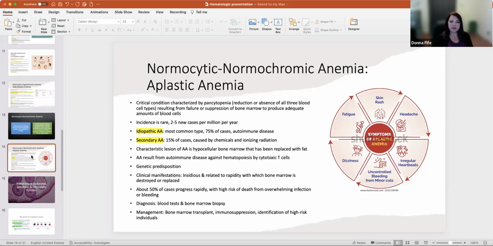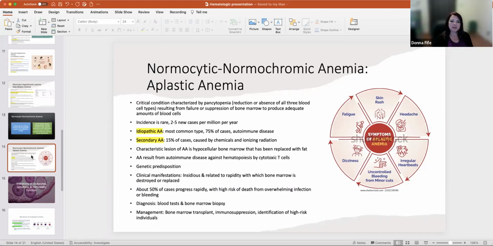The characteristic lesion of aplastic anemia is hypocellular bone marrow that has been replaced with fat. Aplastic anemia results from an autoimmune attack against hematopoiesis by cytotoxic T cells. There is a genetic predisposition to this type of anemia. Clinical manifestations are insidious and related to the rapidity with which the bone marrow is destroyed or replaced.